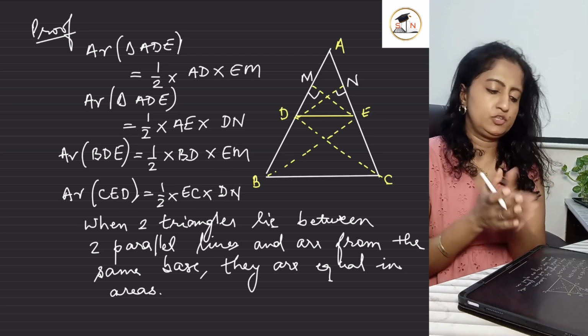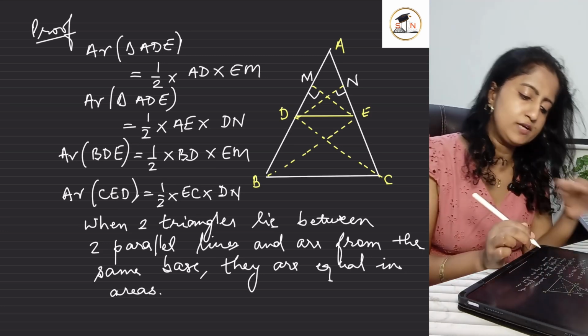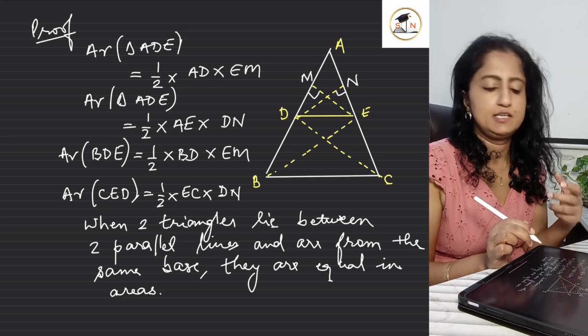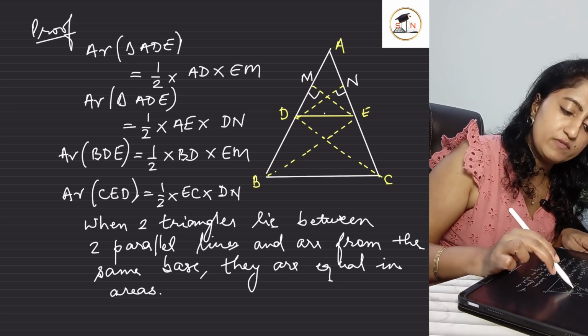Okay. The theorem says when 2 triangles lie between 2 parallel lines, which lines do we have parallel over here?